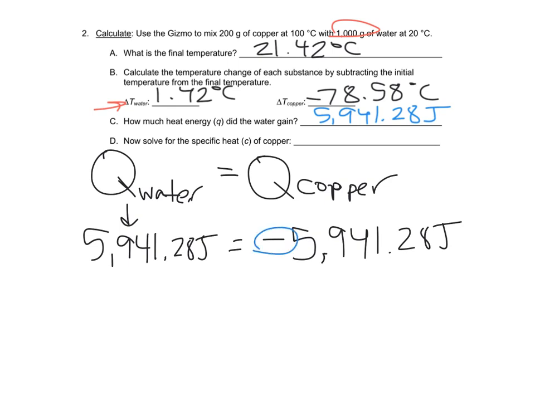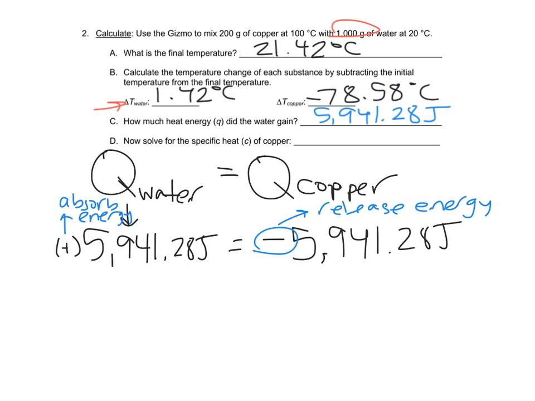And we put a little negative sign here to represent, like I mentioned earlier, the release of energy. Here we have an invisible plus sign to represent the absorption of energy. So water absorbed 5,941.28 joules, and the copper released that same amount of energy.